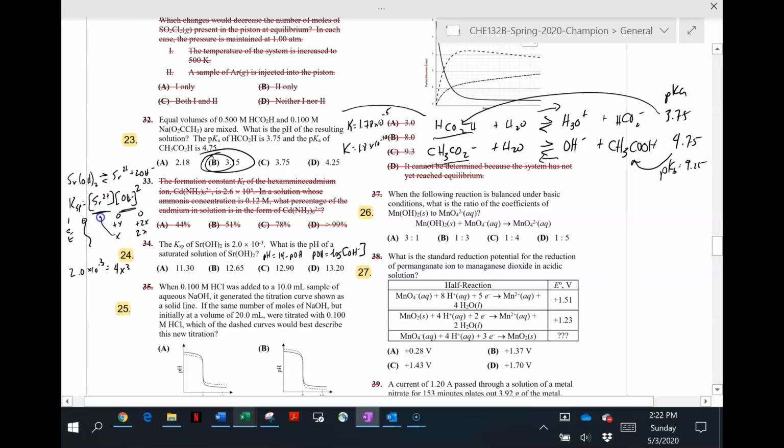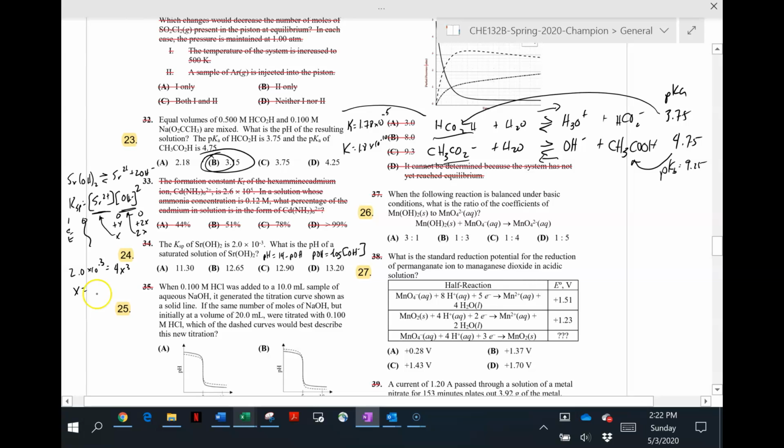So that X goes there, that 2X goes there, we square that, we get the 4X squared times that initial X, 4X cubed. So X is going to be: we've got 2.0 times 10 to the negative 3, we are going to divide that by 4, and then take the cube root of that.